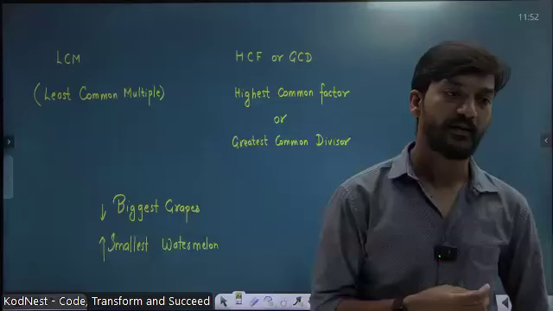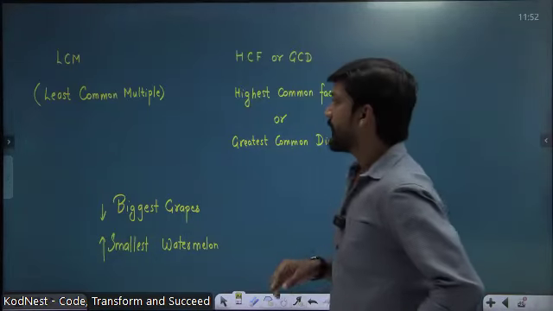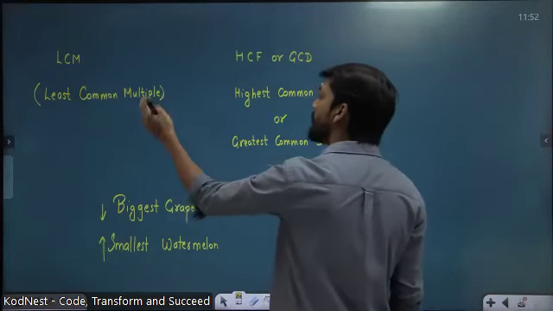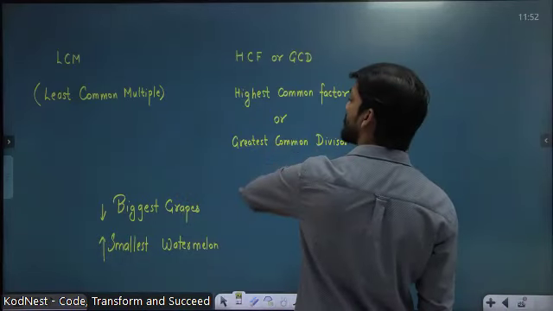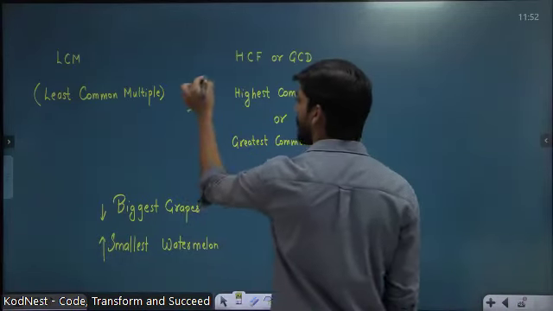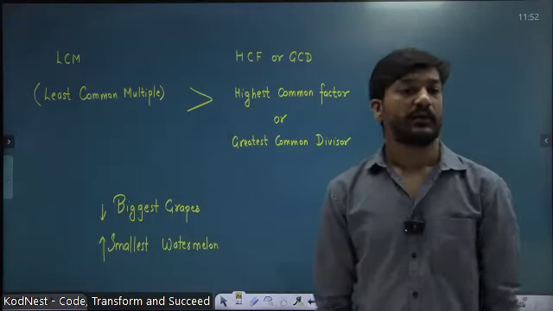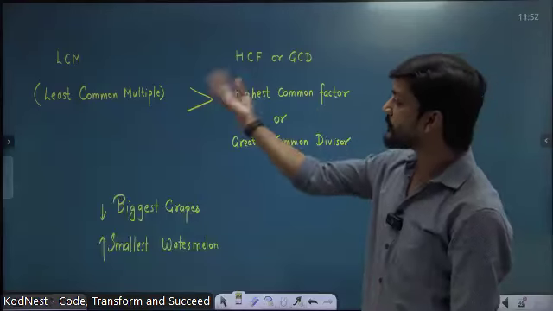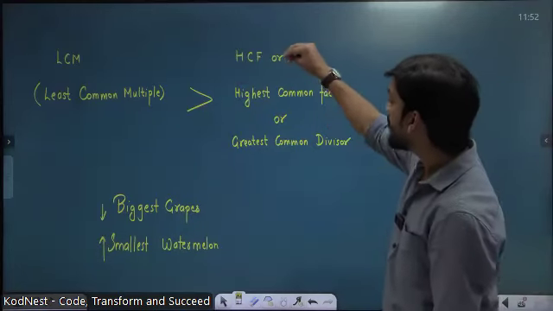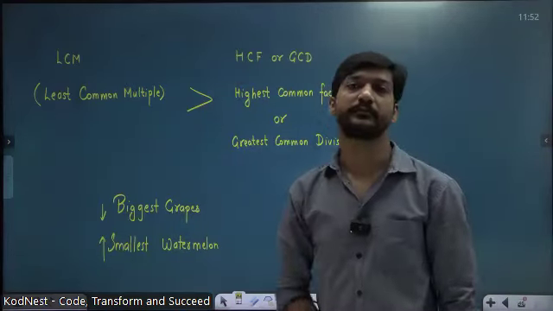Multiple means multiplied by 1, 2, 3, 4, 5, 6. Factor means divide by 1, 2, 3, 4, 5, 6. Multiple is always greater. Whether you take the least multiple, it is greater than the highest factor also.